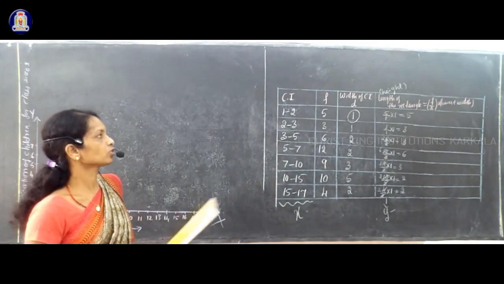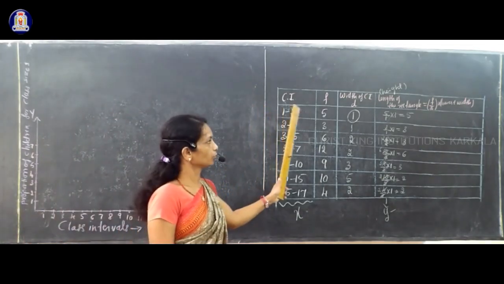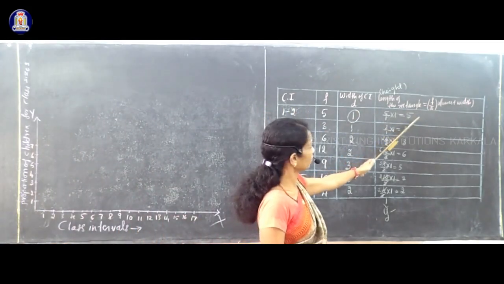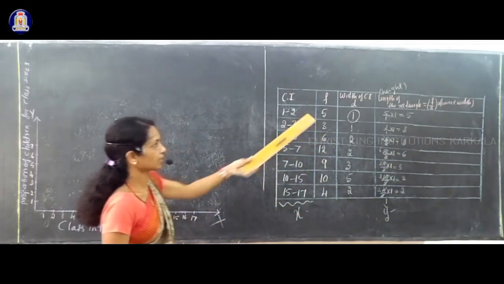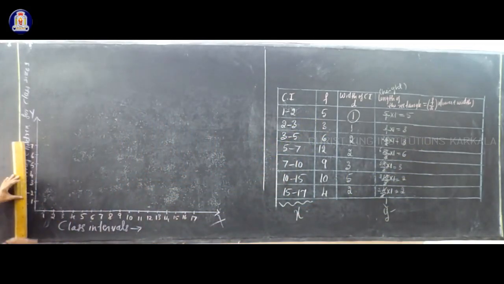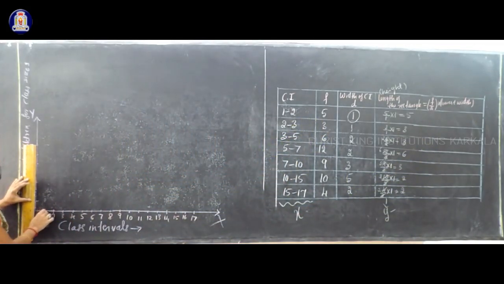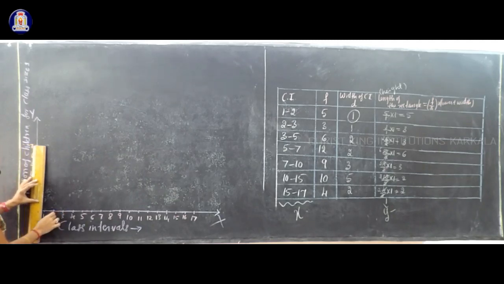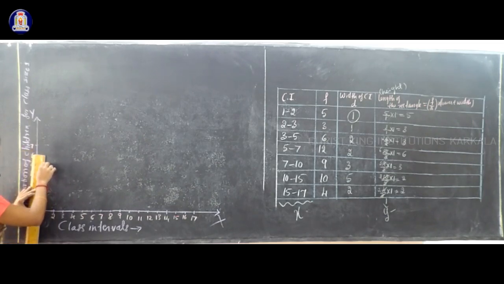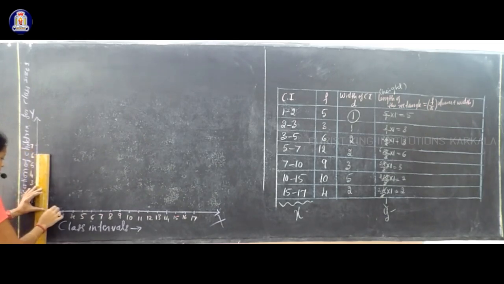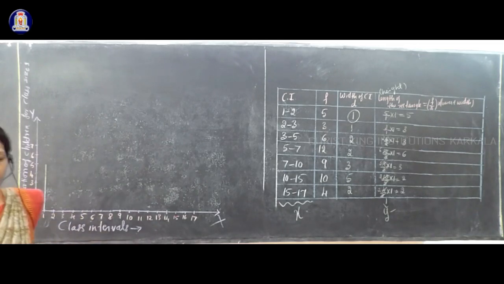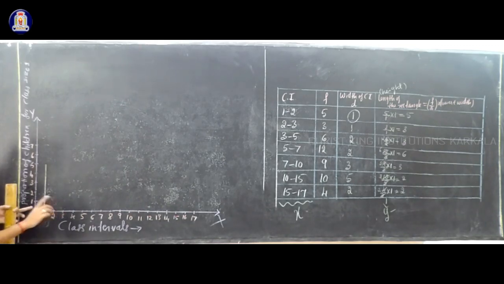So now for the first class interval 1 to 2, you have to draw rectangular bar of height 5, that is same as here also. So from 1 to 2, you have to draw rectangular bar of height 5. No problem if you start with this point 1, or otherwise you start with this point 1, 2, 3, like that also you can start.